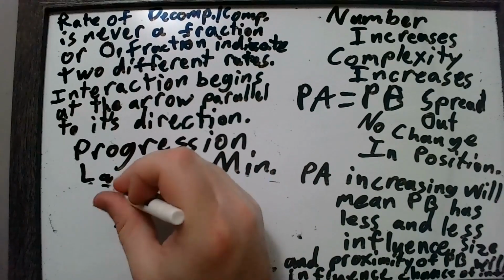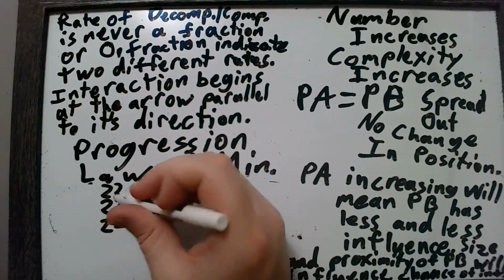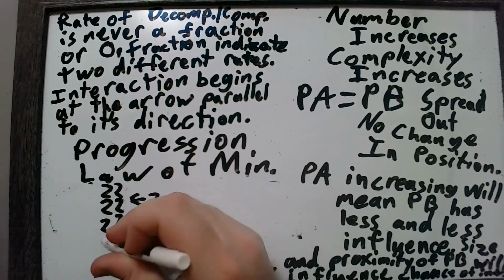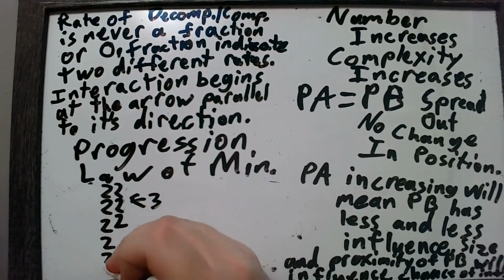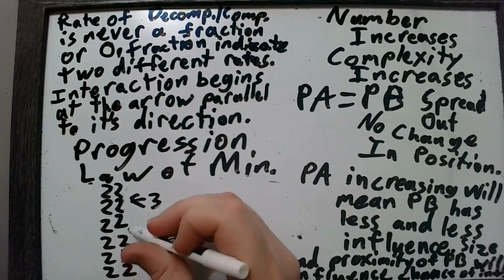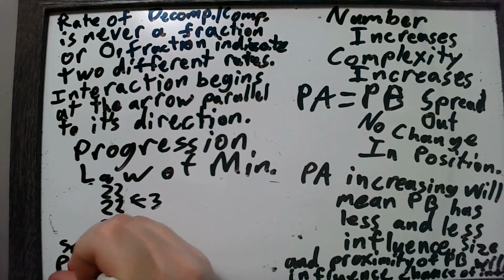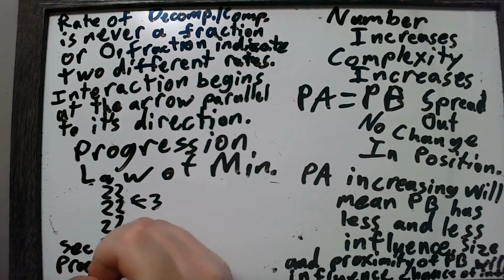And if the next values are 2, then it's going to go in the direction of the arrows, and it's going to replace the 2's with 3. This is the second progression, right?